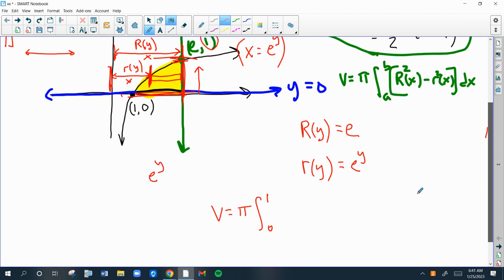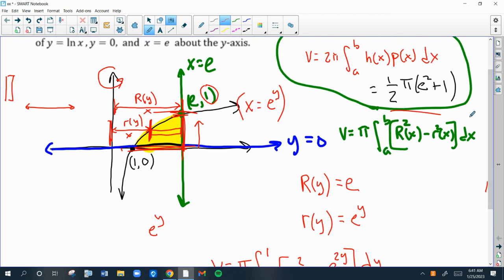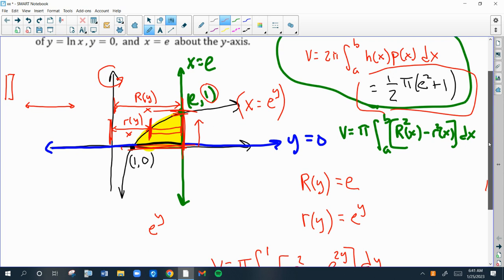And again, big R squared, e squared, minus little r of y squared, which is e to the y squared, or just e to the 2y, dy. And that should calculate our volume to be this, because if we were right with the shell method, they should match. So here we go.